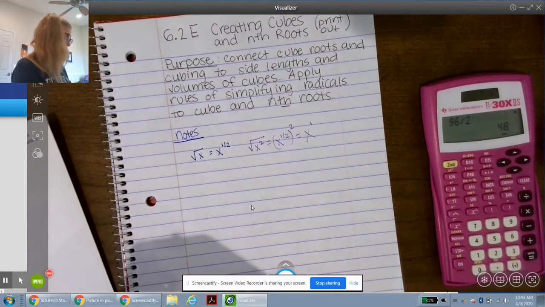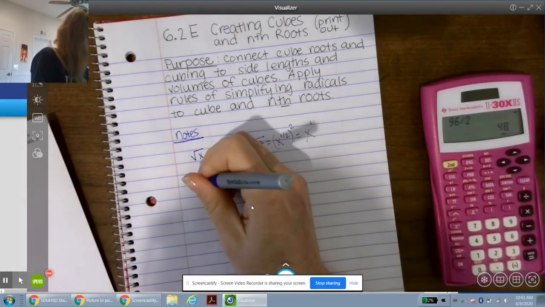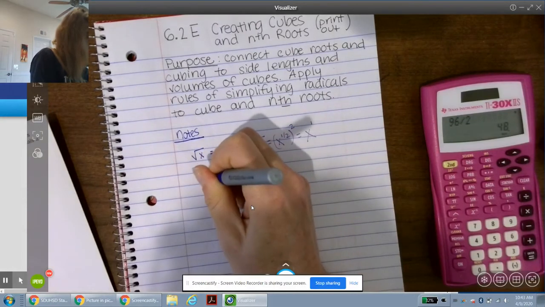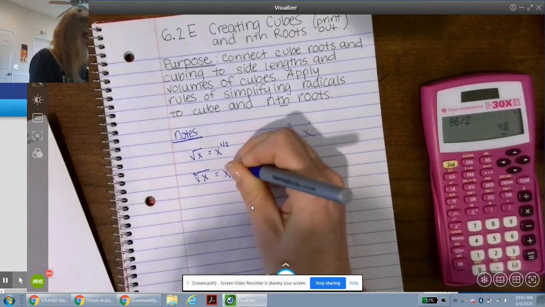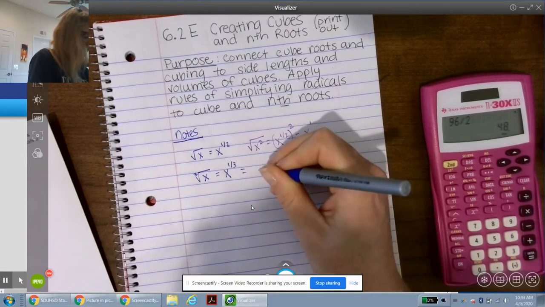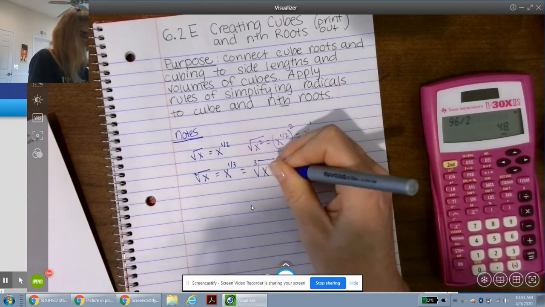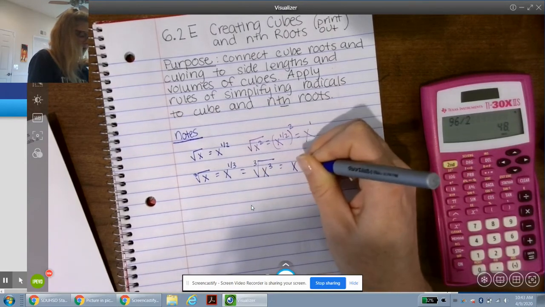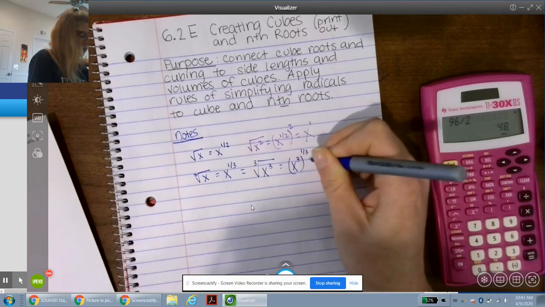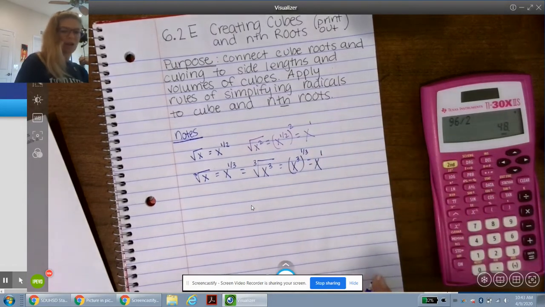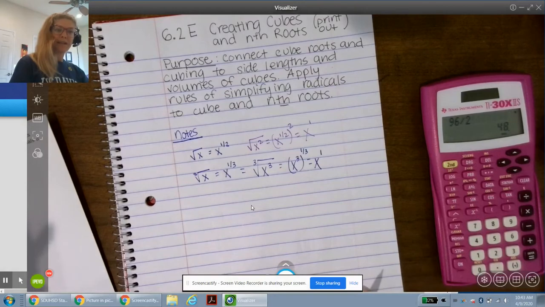And we can see the same thing with the cubed root of x is x to the 1/3 power. And that's why the cubed root of x cubed to the 1/3 power is x to the 1st. So again, you can kind of think about that slick trick.